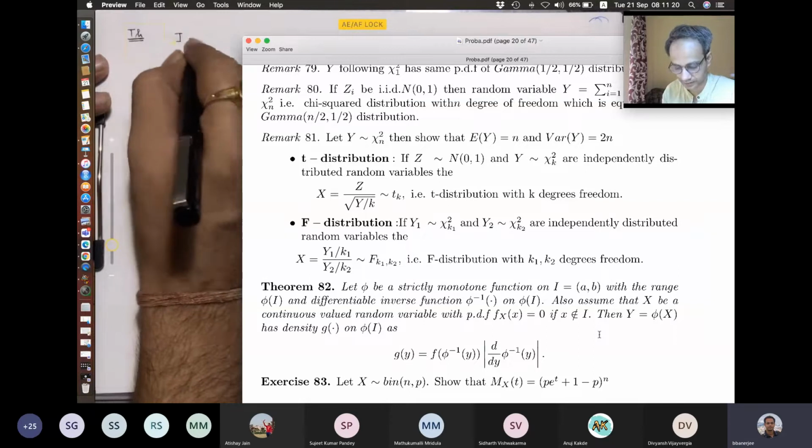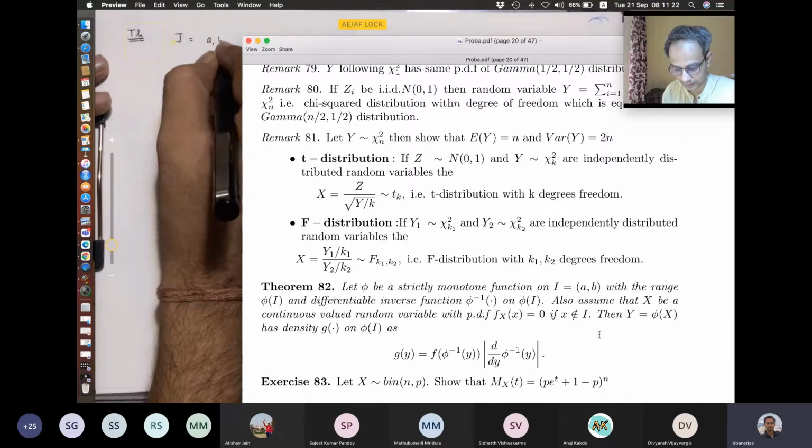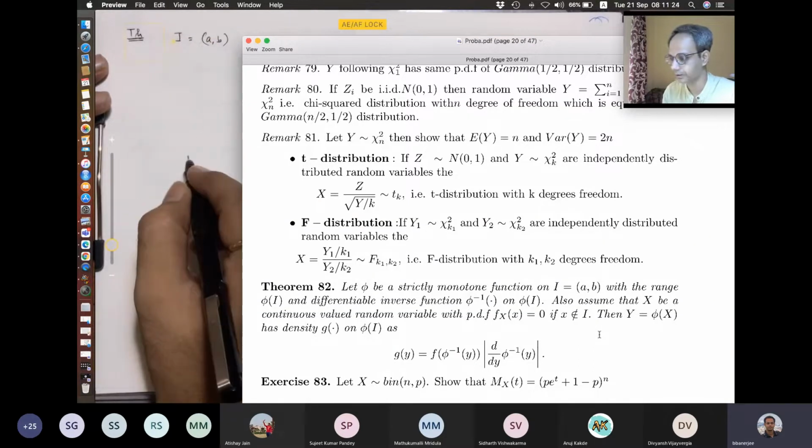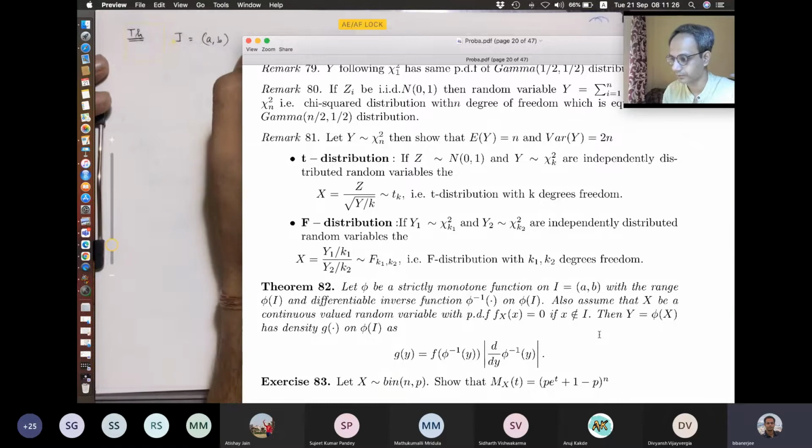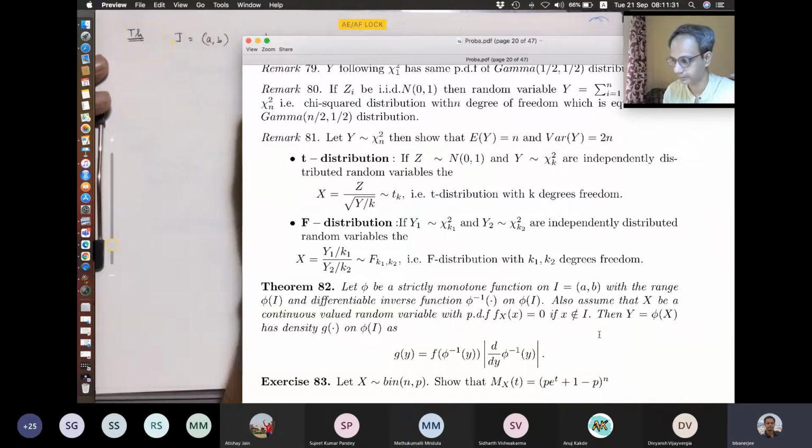So I equals (a, b) open interval, and phi is a mapping from I to phi of I. This is not a normal PDF. Phi inverse is differentiable.